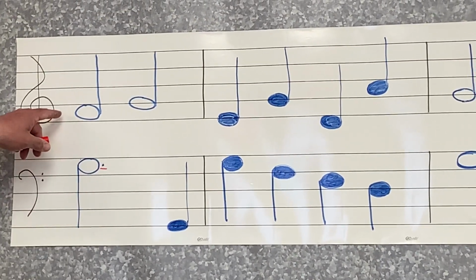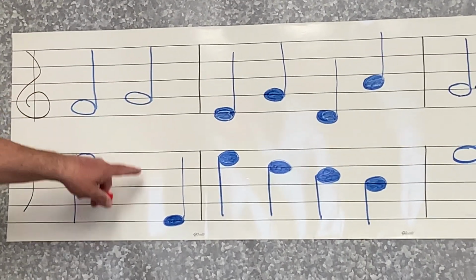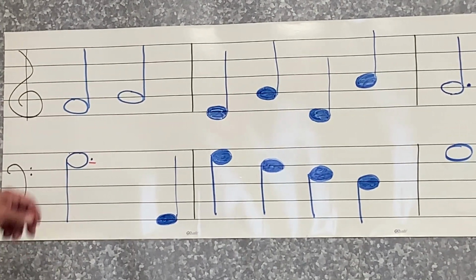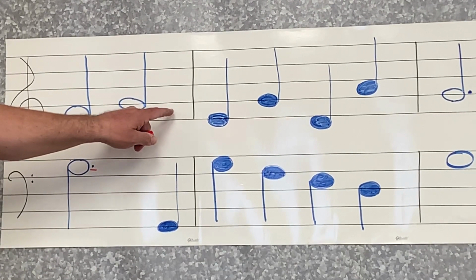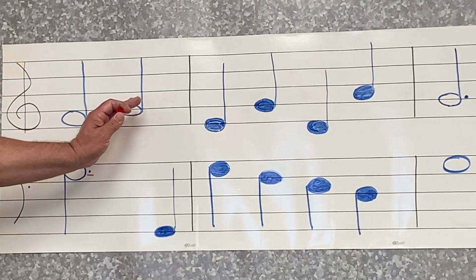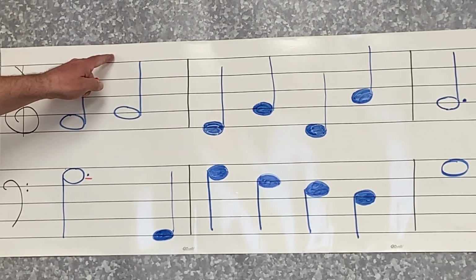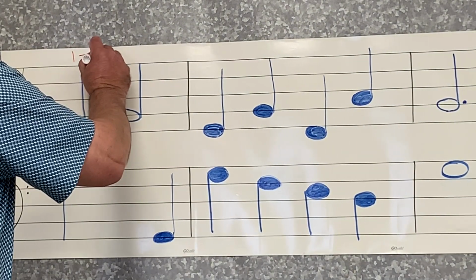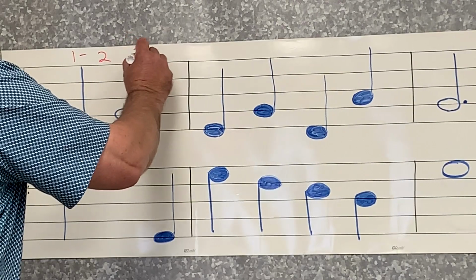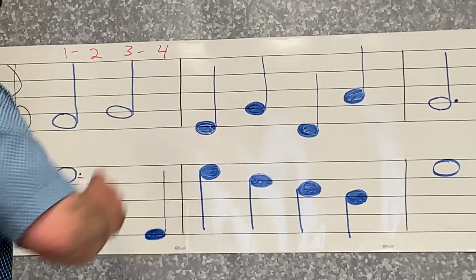Now, if we look in the measure above in the treble clef, we know that we have 2 half notes that gives us 4 beats. So we have beats 1, 2, 3, 4.